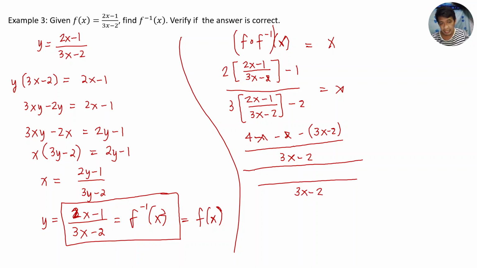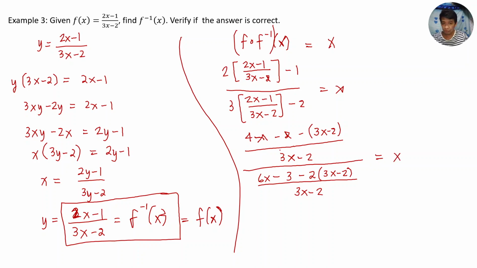Distributing this 3 inside the parenthesis, magiging 6x minus 3, because 3 times 2x is 6x, 3 times negative 1 is negative 3, minus twice of our LCD, which is 3x minus 2. And again, this is equal to x.